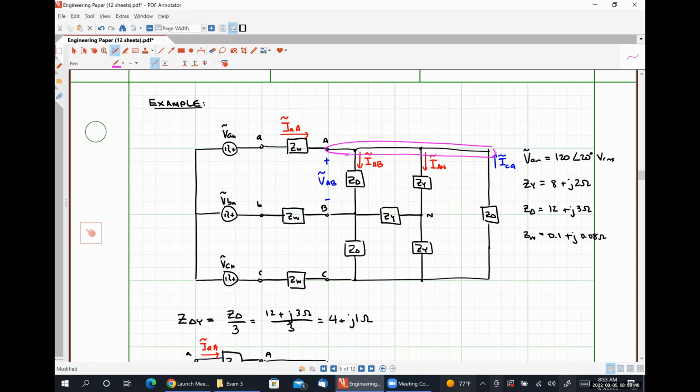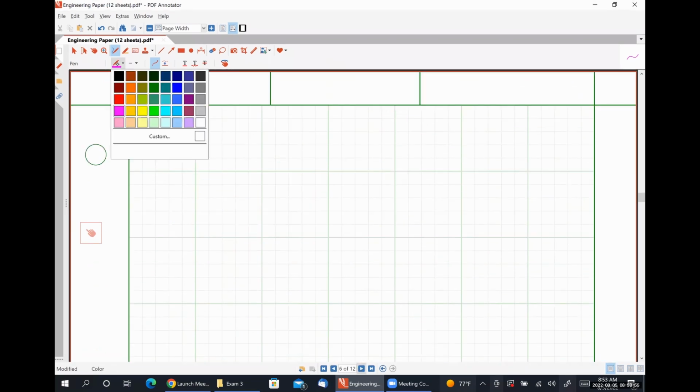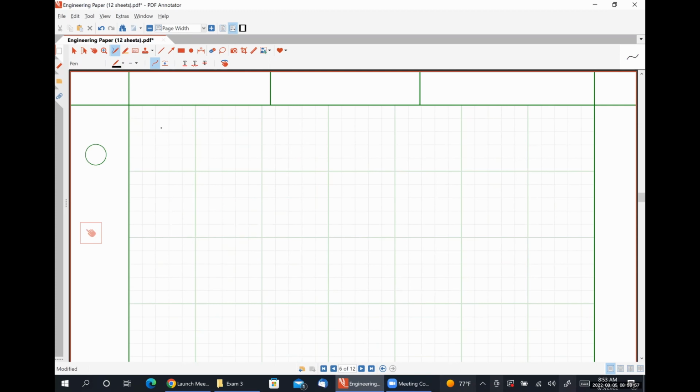So IAA plus ICA, let's do that down here, will be equal to IAB plus IAN. I'm going to move my known quantities to the left-hand side.